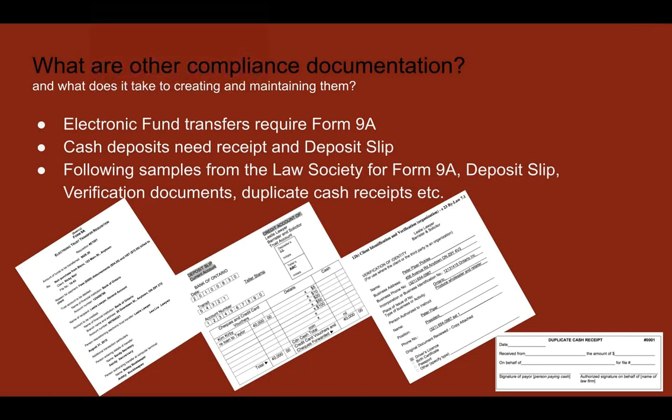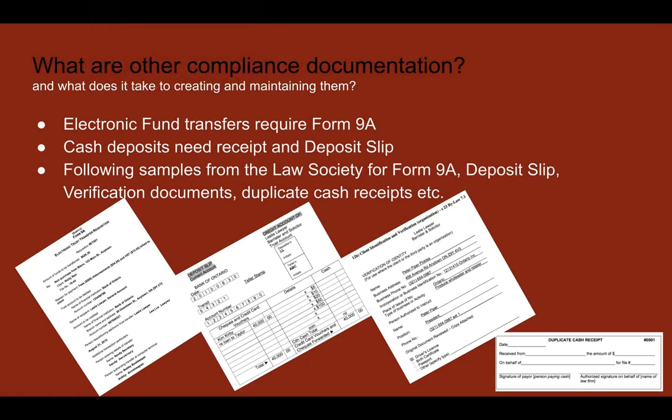Then you have other documents like fee book, Form 9A. You also have deposit slips, and all of these are, I won't say compulsory, but if you are transacting electronically, moving funds from trust to general electronically, then you need to definitely have Form 9A in place.